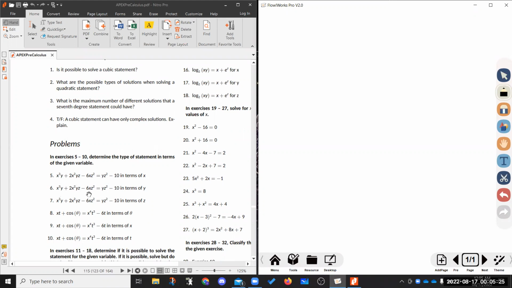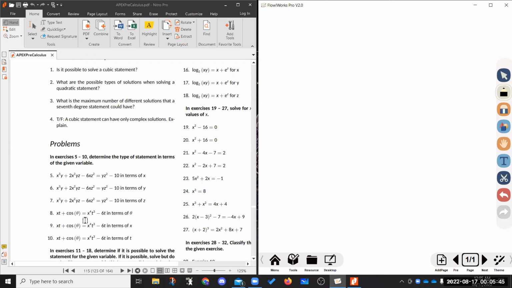Everything else is considered a constant then. So this is linear because it's all degree 1. In terms of z, this is quadratic. This is squaring because its highest degree is 2.